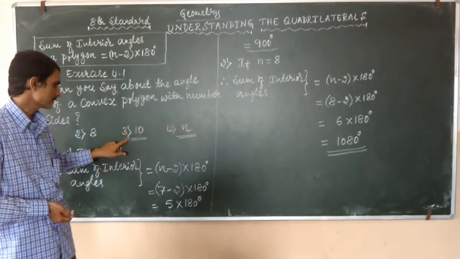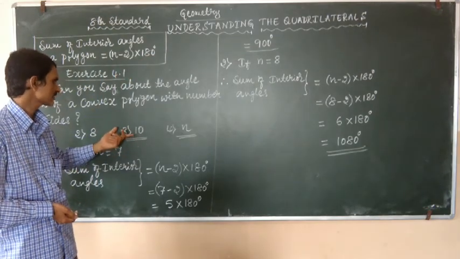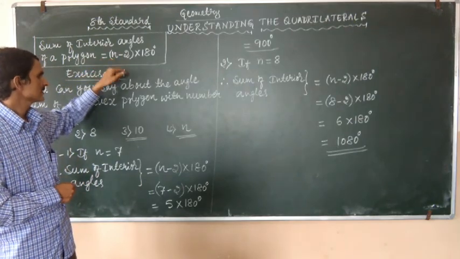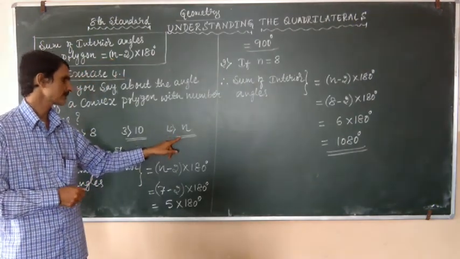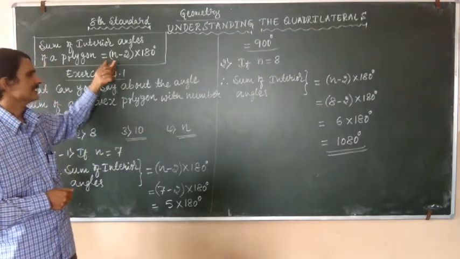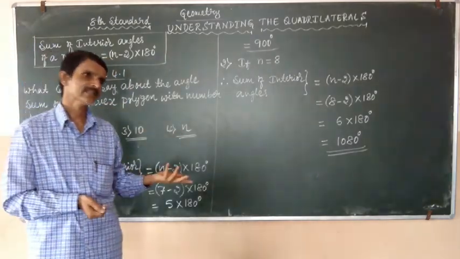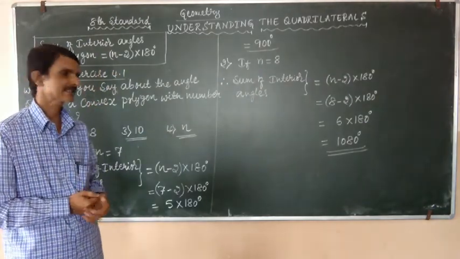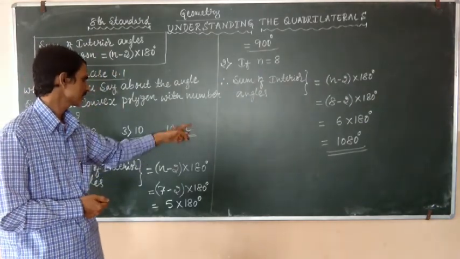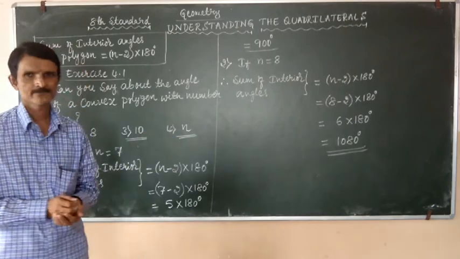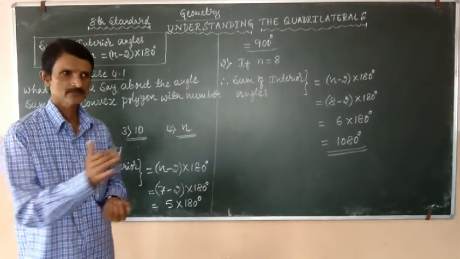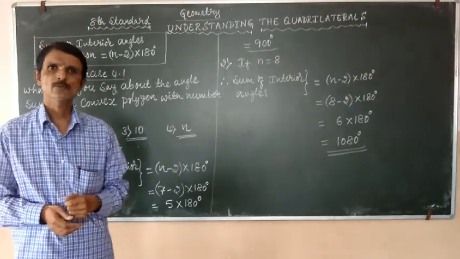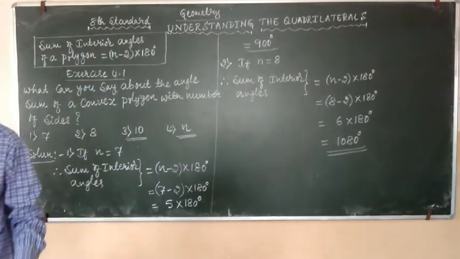For the third problem, substitute n equals 10. For the fourth, substitute n in place of n, and we will get the same formula as the answer. Okay, students, so we will try both the third and fourth problems.